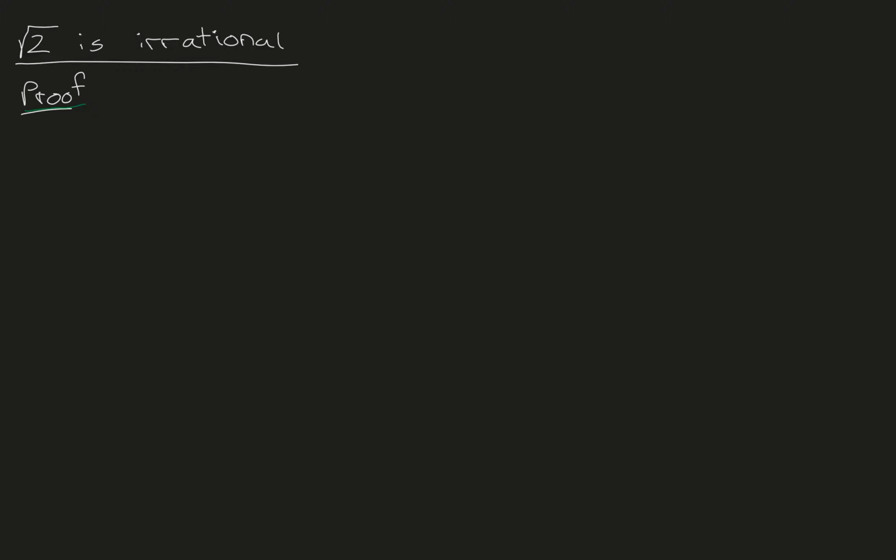Whenever you're confused about a proof, try using proof by contradiction. When doing proof by contradiction, we assume the opposite. So suppose for contradiction that root 2 is a rational number.